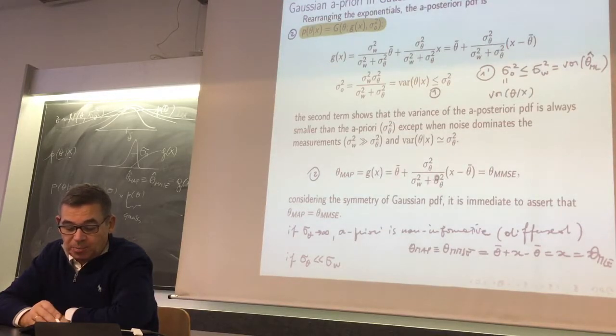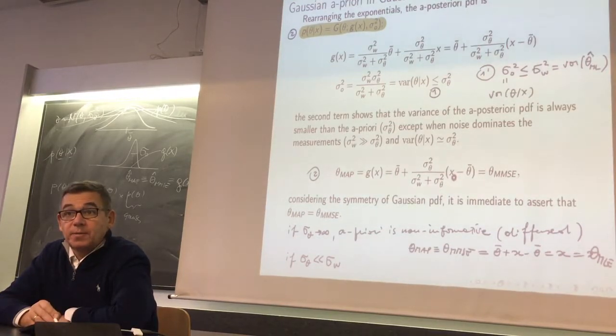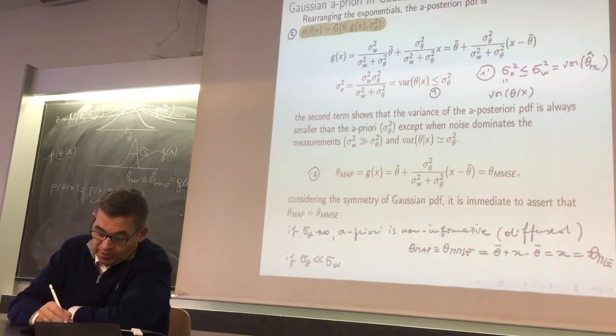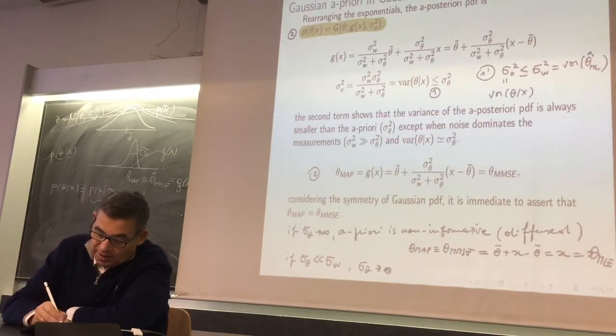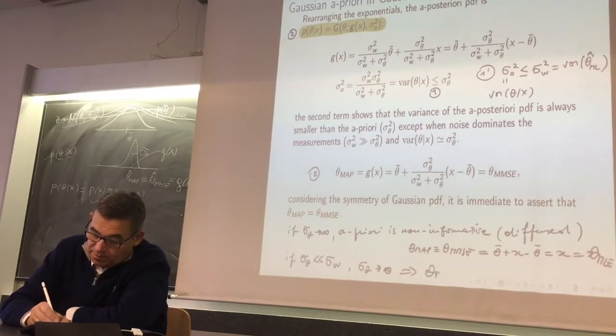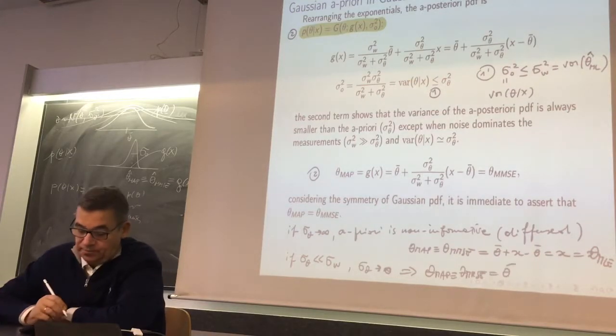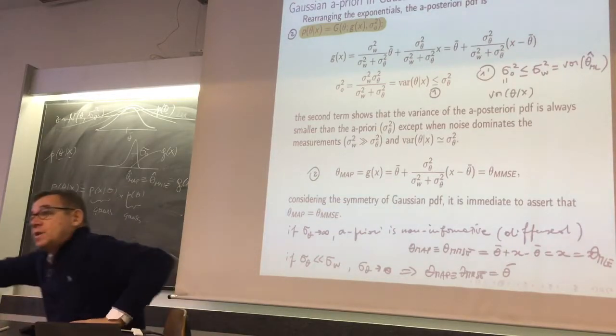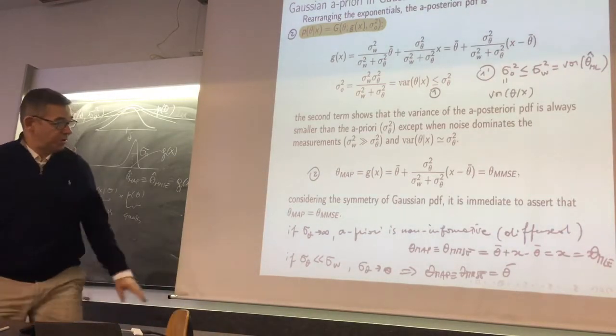So I have theta naught plus a small number, and in the limit, this becomes 0. So if I make sigma theta approach 0, then the theta MAP coincides with the theta MMSE, which coincides with theta naught.